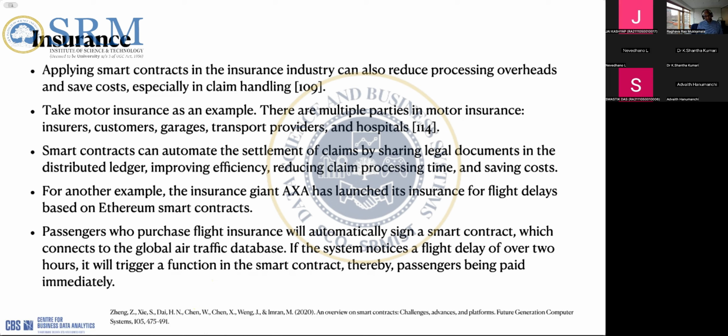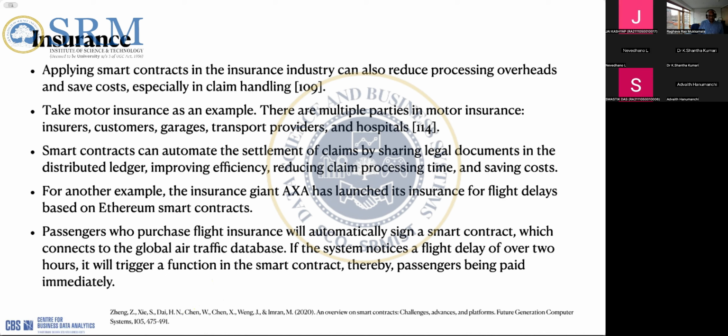So this is a very good fit for smart contracts. They can automate the settlement of claims by sharing the legal documents on the distributed ledger, and many things can be easily simplified. Also, a passenger who purchased flight insurance can automatically sign a smart contract, which can easily check and verify.